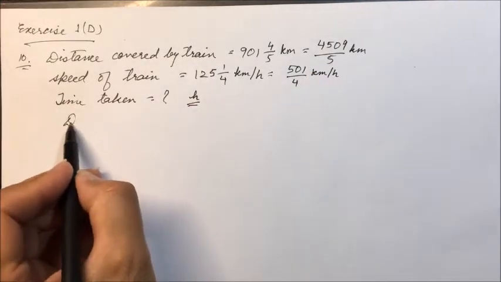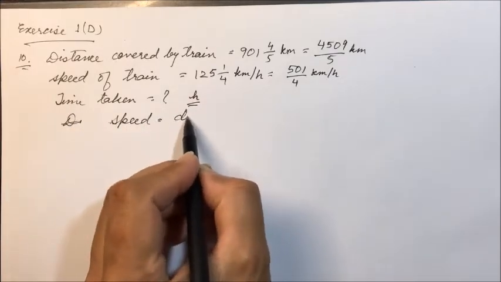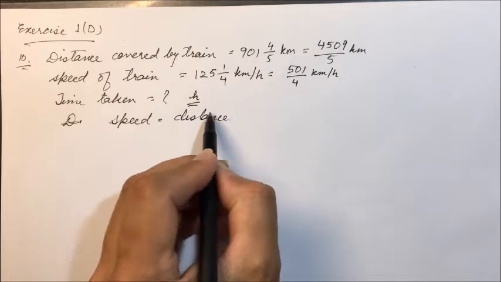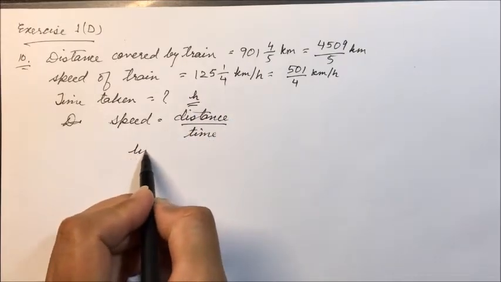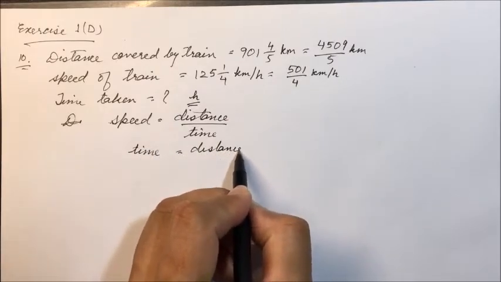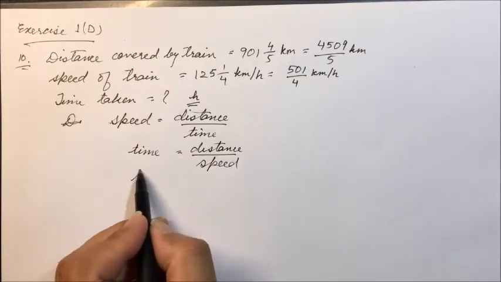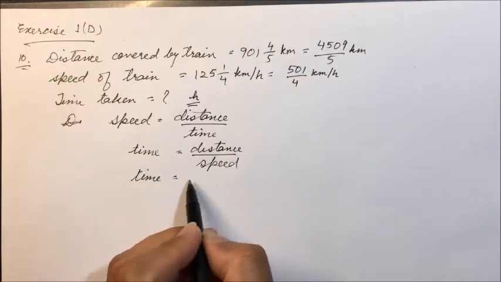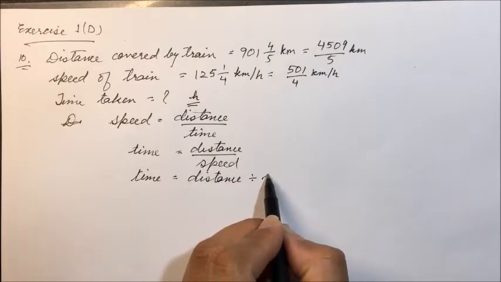Now as we know, speed equal to distance upon time. So time will be equal to distance upon speed, or we can say time equal to distance divided by speed.